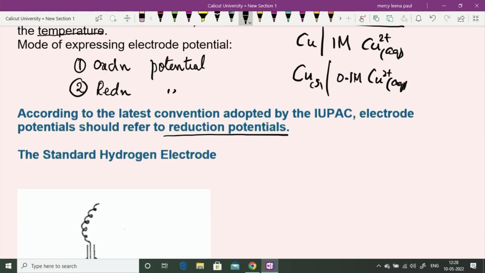That is the reason that when I take a single electrode, I represent the electrode reaction as reduction. That is the IUPAC rule to be followed.